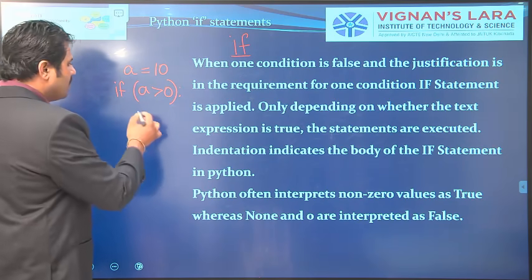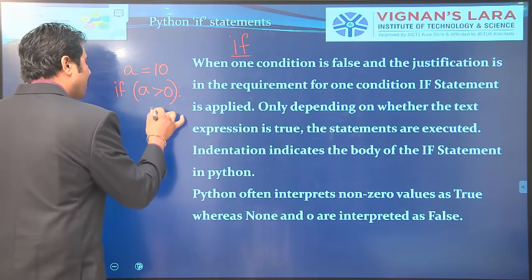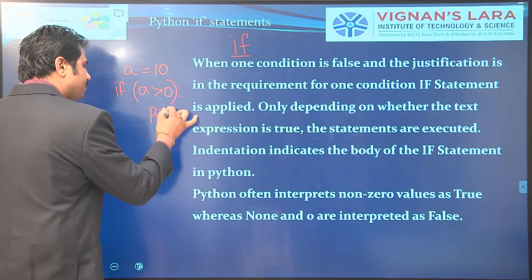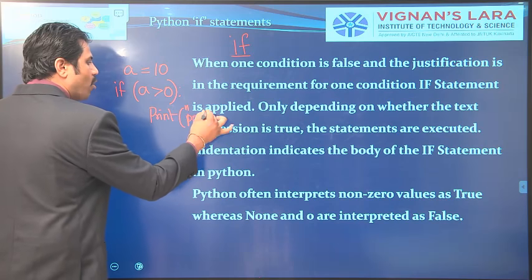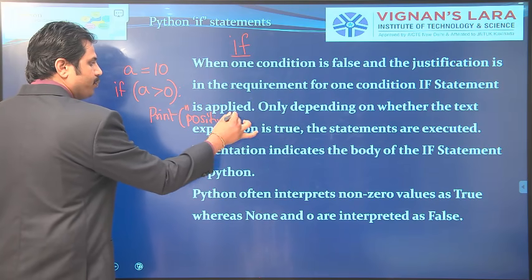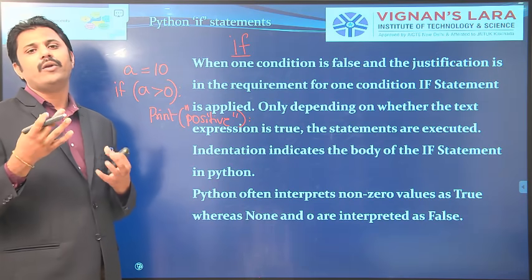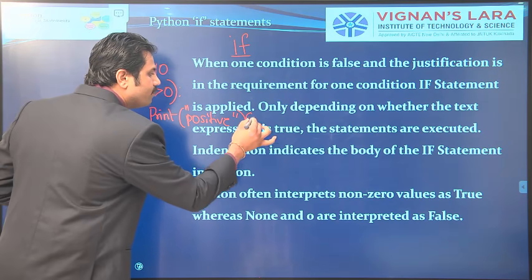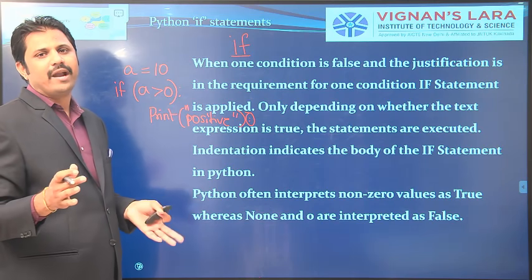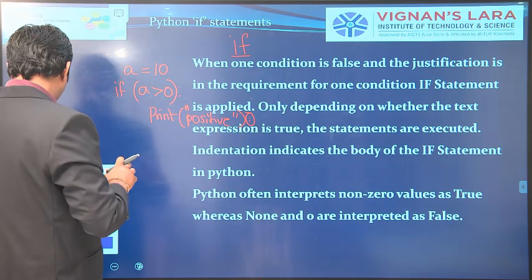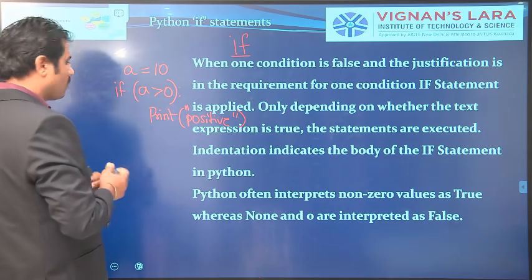After taking a tab, I am writing my if block: print positive. In Python, we don't need a semicolon. For each and every statement, there is no need to end with a semicolon.